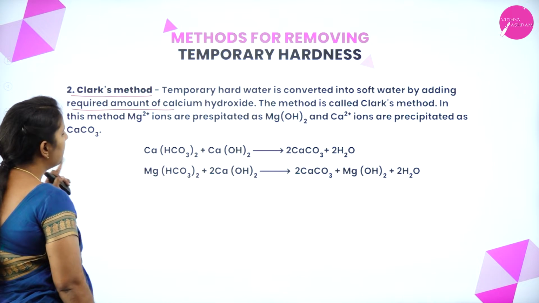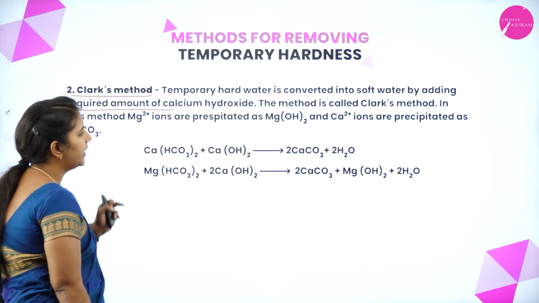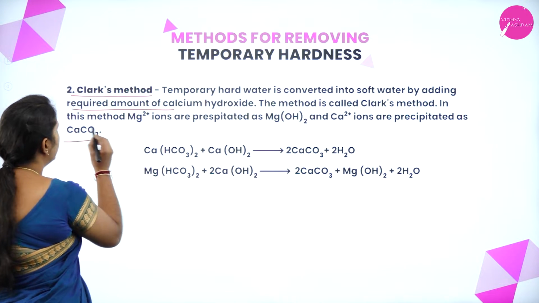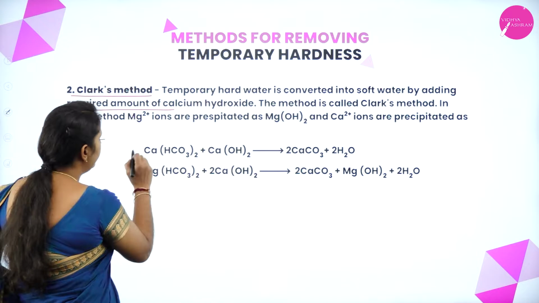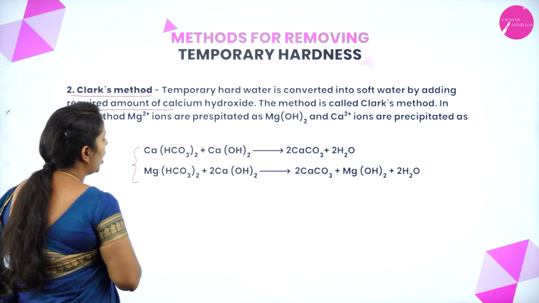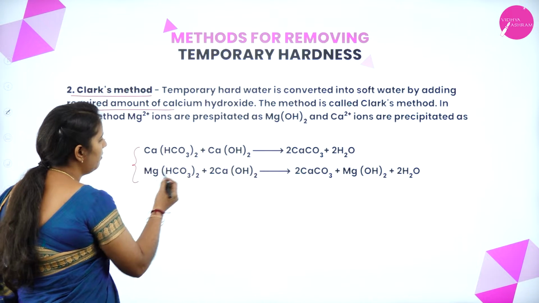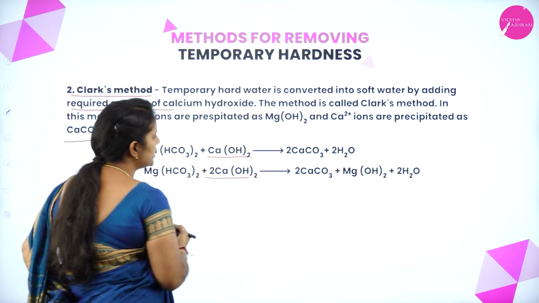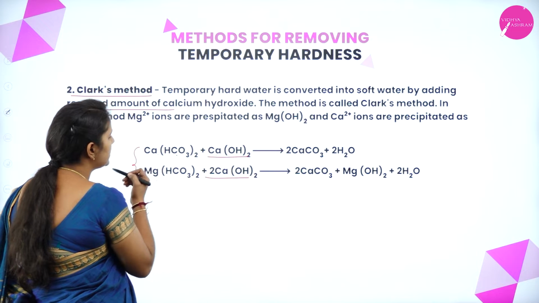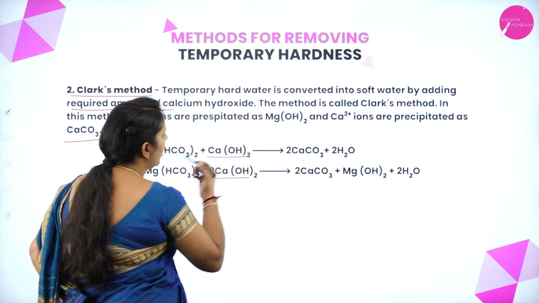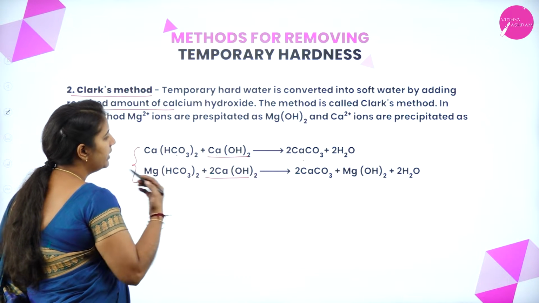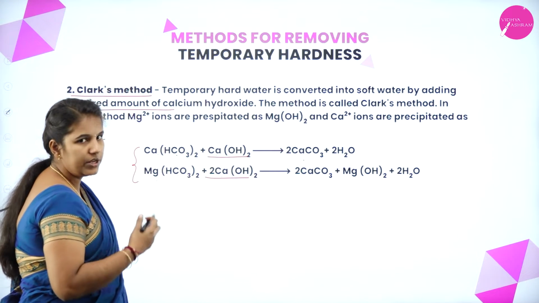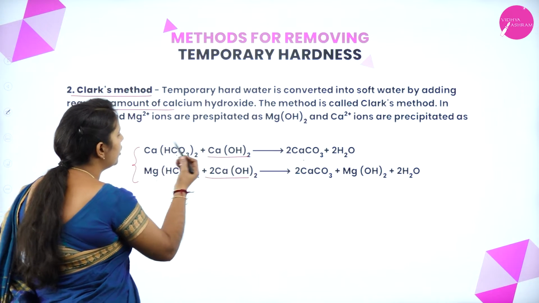In this method, magnesium ions get precipitated as magnesium hydroxide and calcium ions get precipitated as calcium carbonate. These two are the bicarbonates of calcium and magnesium, which are allowed to react with calcium hydroxide. What does it form? The calcium reacts with the carbonate and forms 2 calcium carbonate with the formation of water molecules.